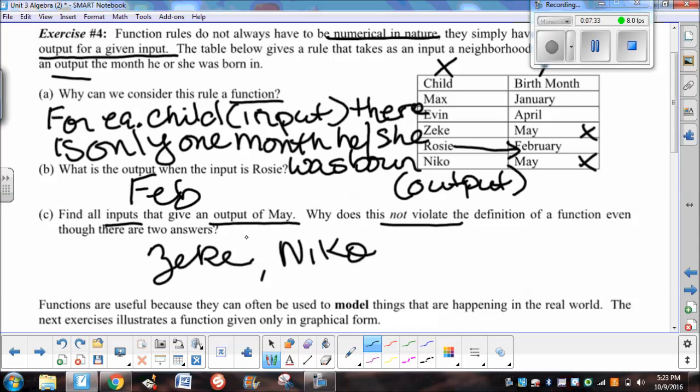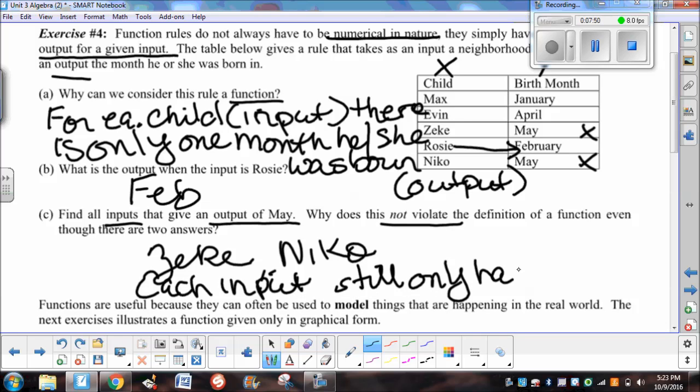Cool. This does not violate the definition of a function because each input still only has one output. If we reverse that, it's okay.